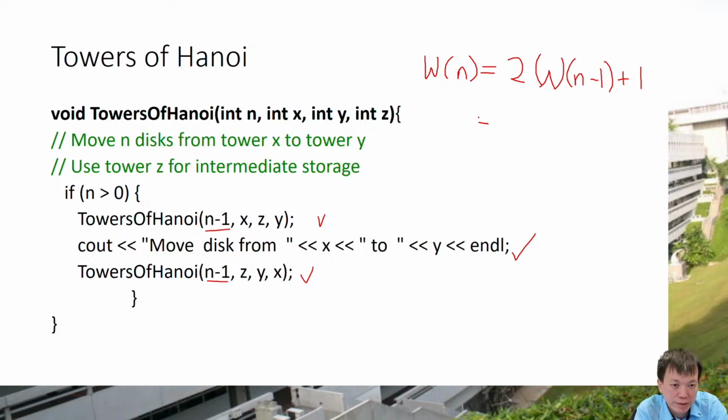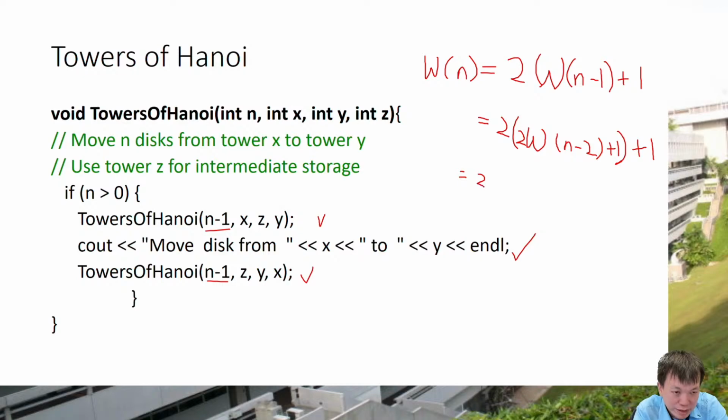So if you try to derive it, inside you will do another 2 more, n-2. 2 plus 2 plus 2, then you do 1, then plus 1.